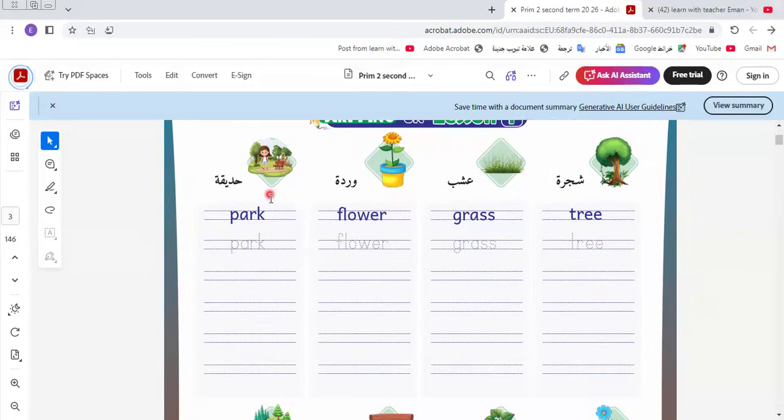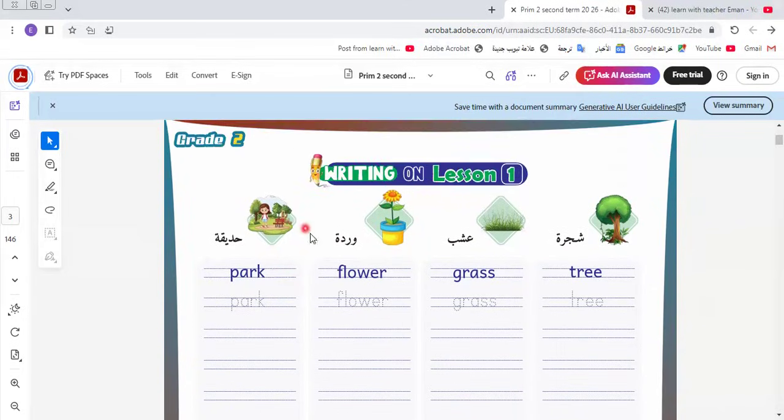Okay, let's learn the vocab here. Park, flower, grass, tree. Repeat after me: park, flower, grass, tree.